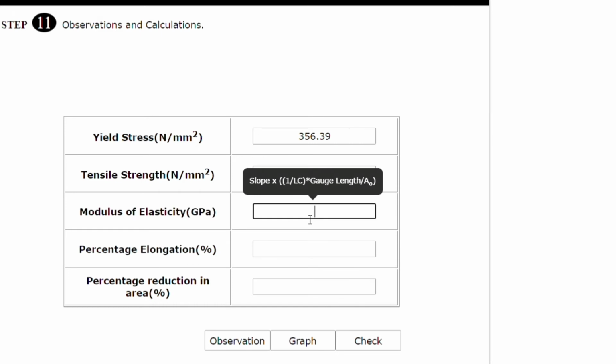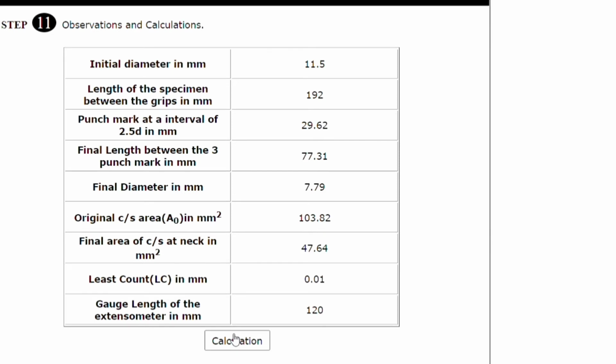Thirdly, to find the modulus, we have to use the formula: gauge length divided by A0. So the gauge length is 120 divided by 103.02. After we divide, we have to multiply by the slope and by 100.